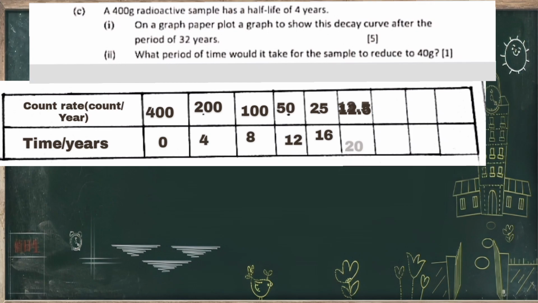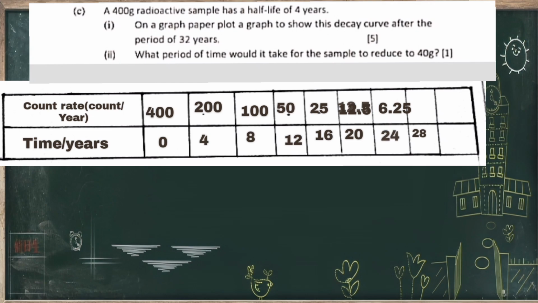Then the time is going to be 16 plus 4. The answer is 20. Then 12.5 multiplied by half, or divided by 2, the answer is going to be 6.25.